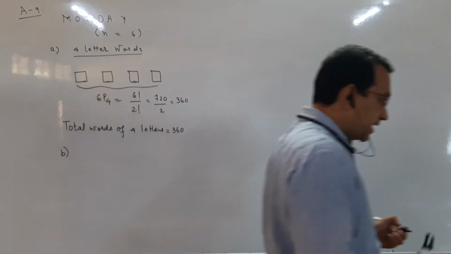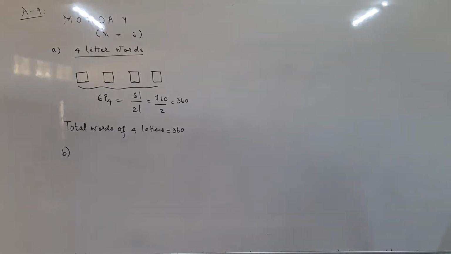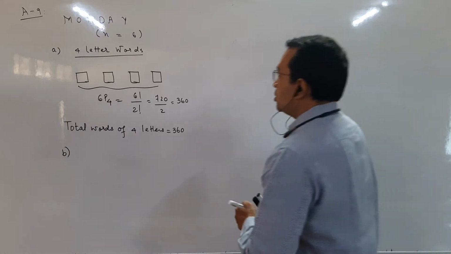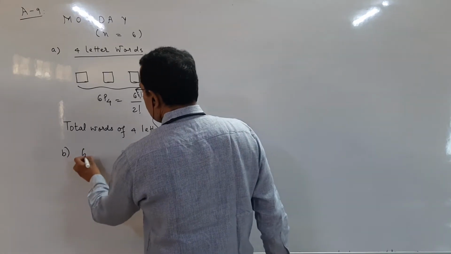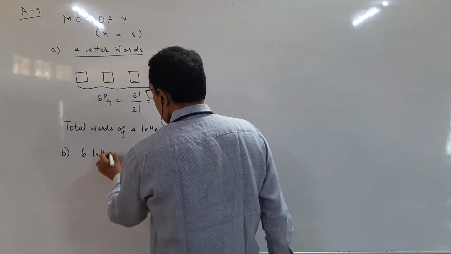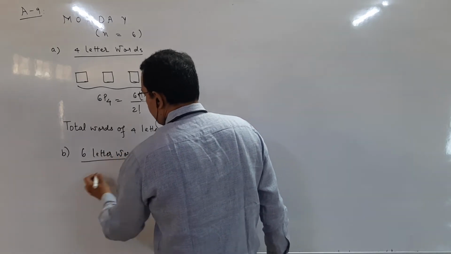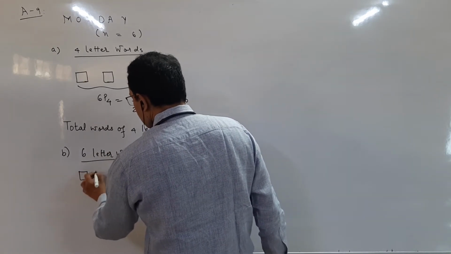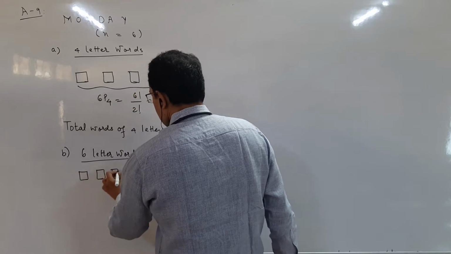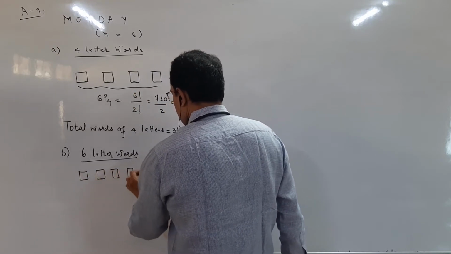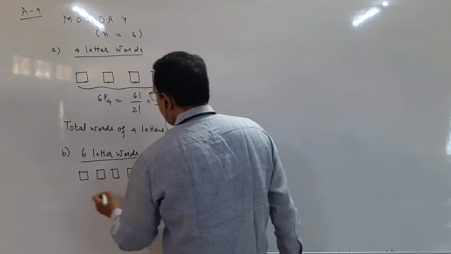Now, second part of the sum, we have to use all the 6 letters. So, 6 letter words, so I have to draw 6 boxes. So, 6 letters and arrangement of all 6.